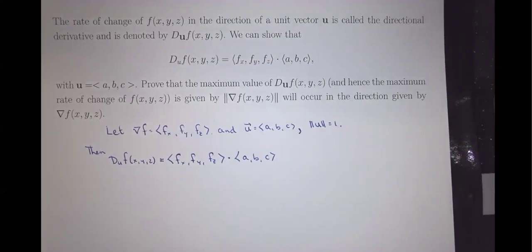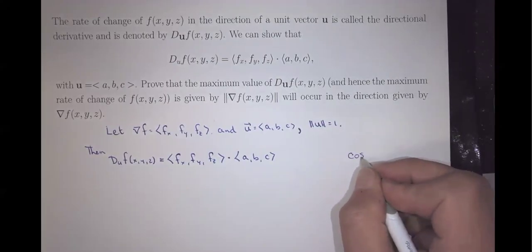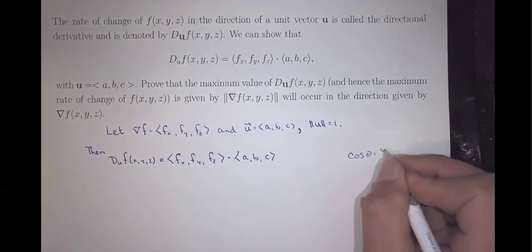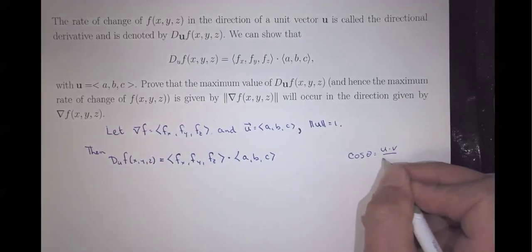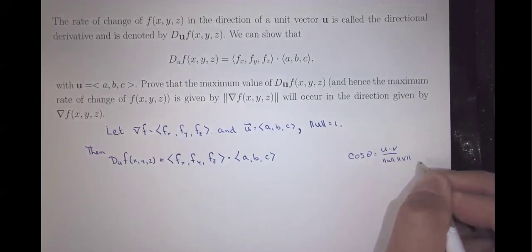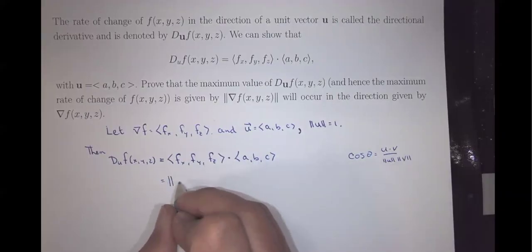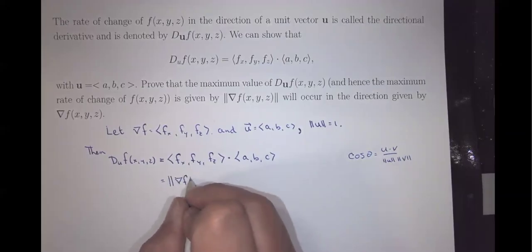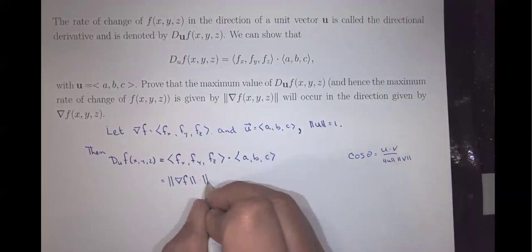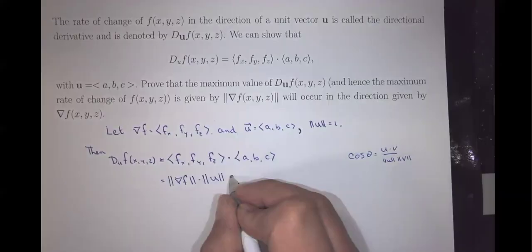Now, if we think about our rules of dot products, we know that cosine theta is u dot v over length of u, length of v. And because we know that, we can solve for u dot v, which makes this equal to the length of the gradient times the length of our unit vector u times cosine theta.